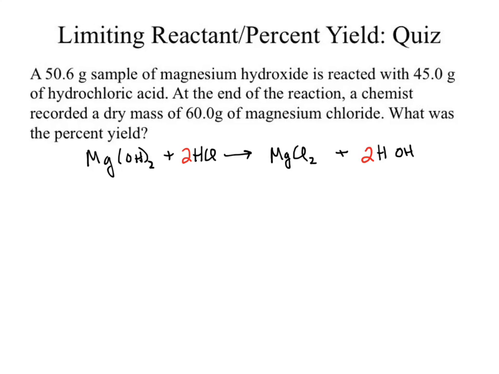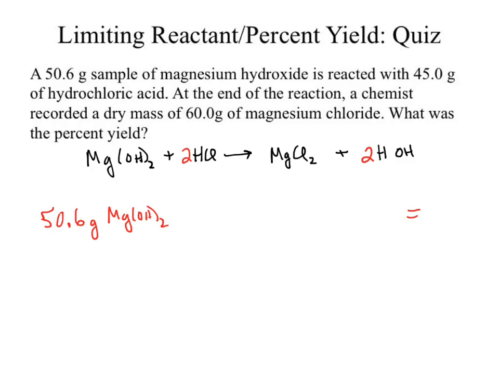We now have to run our limiting reagent calculations. And this is where we'll start writing down a lot more work. So in the problem, I said that you should start with your magnesium hydroxide. So 50.6 grams of our magnesium hydroxide. And I want to convert this into what? Moles of magnesium hydroxide.